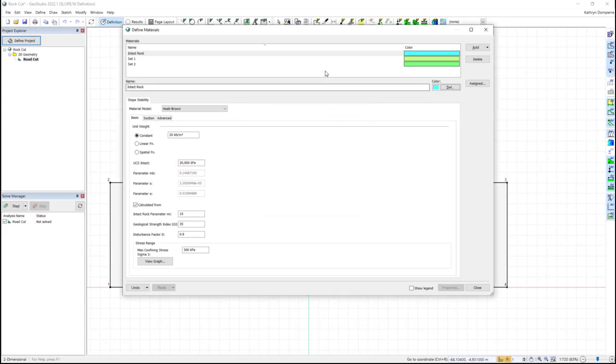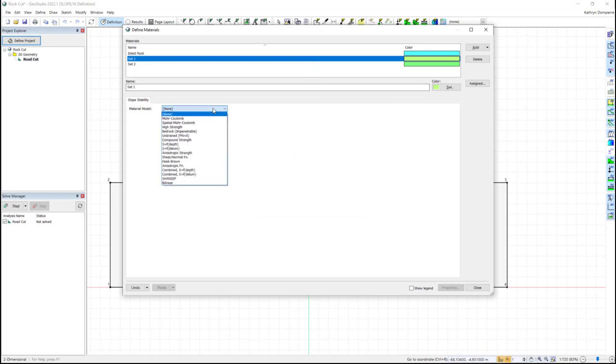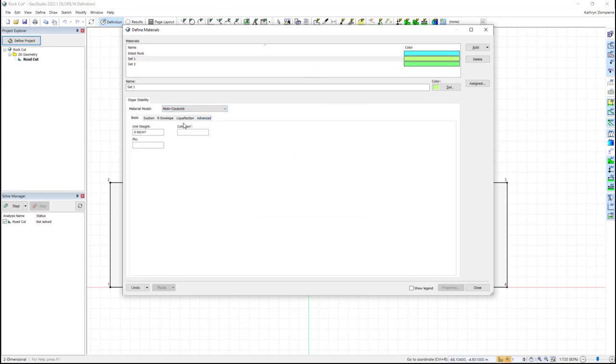The two joint sets will be modeled using the Mohr-Coulomb material model. Joint set 1 will have a unit weight of 20 kilonewtons per cubic meter, a cohesion of 5 kPa, and a friction angle of 26 degrees.